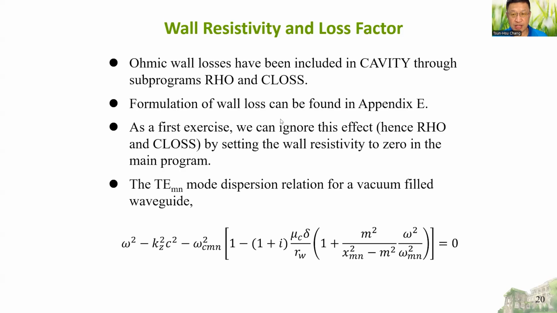Formulation of the wall losses can be found in Appendix E, and if possible, you should study it by yourself. As a first exercise, we can ignore this effect to simplify the result.